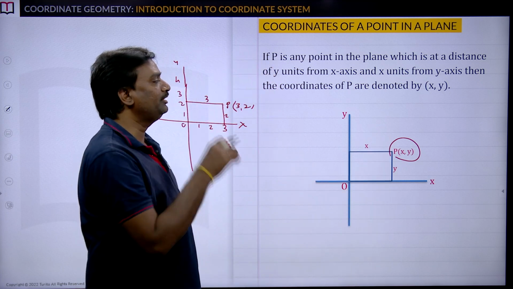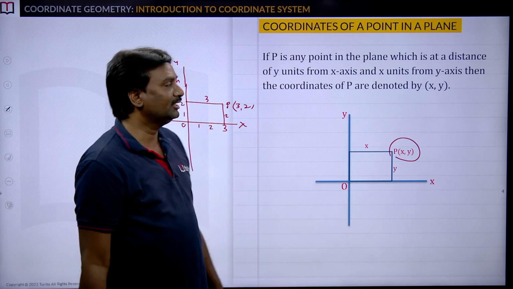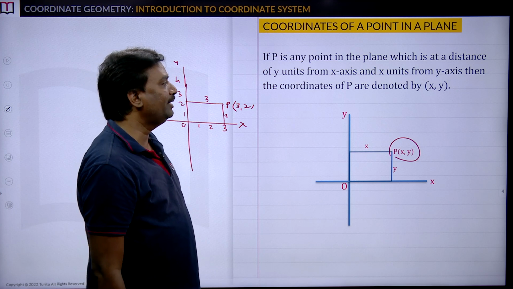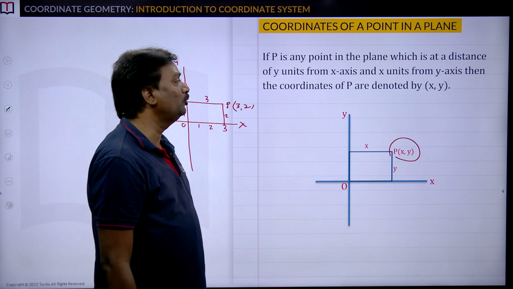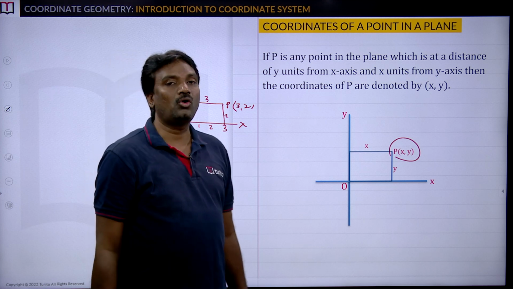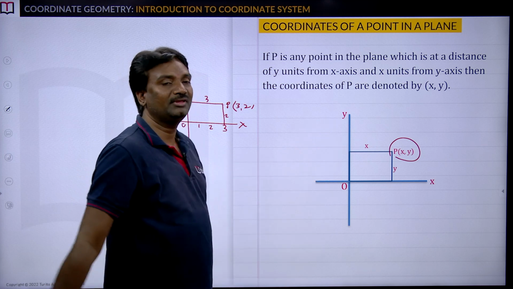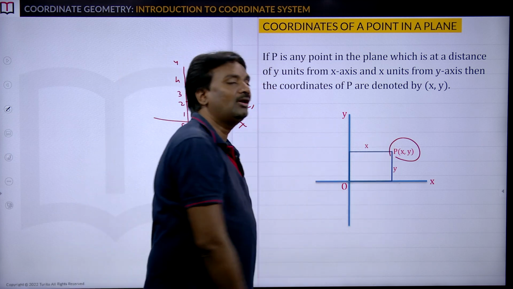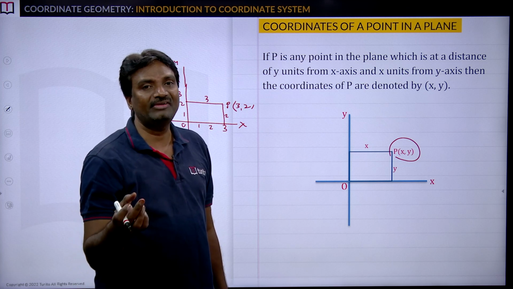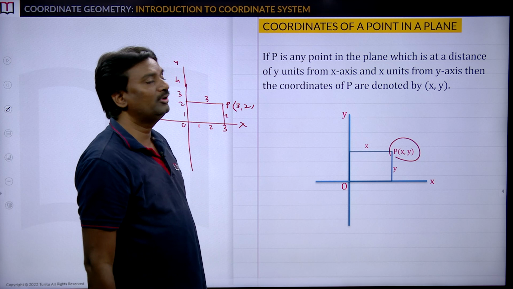Just like this we can represent one point on the coordinate plane. By observing this figure, we can say the coordinates of P are x comma y. In place of x and y, you can take real numbers as you wish. Hope you understood this part.